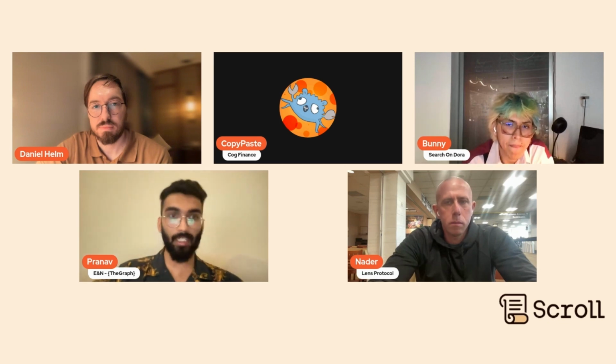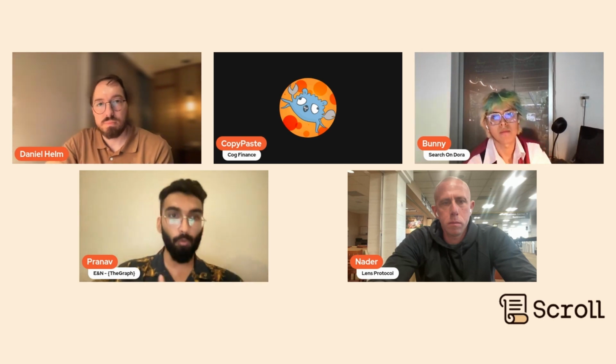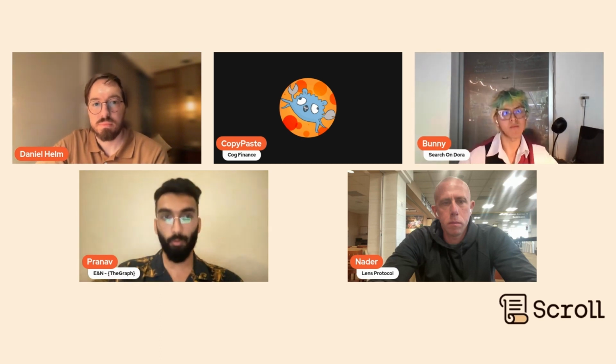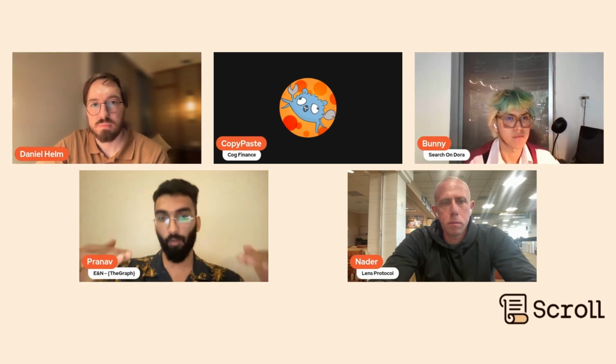So I personally feel that what Scroll is doing right now is something that The Graph would love to support. Given that Scroll is as EVM as it can be and as ZK EVM as it can be, it will have a lot of DeFi-based transactions, because there will be a lot of people looking for proofs of these things on the layer ones who don't want to transact on the layer two.